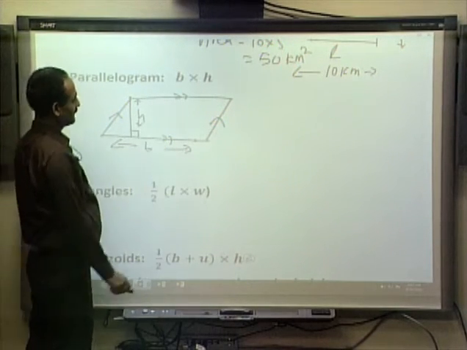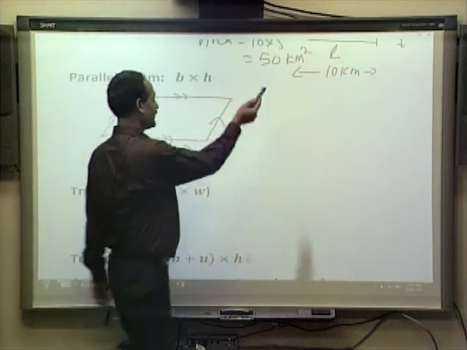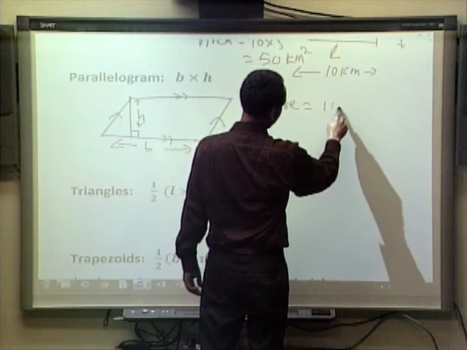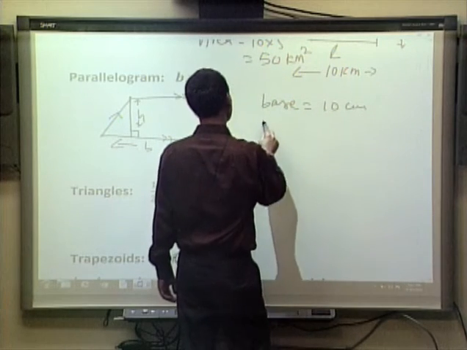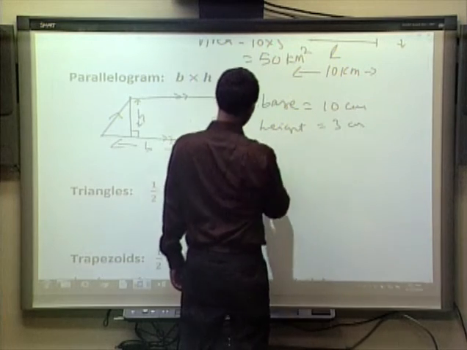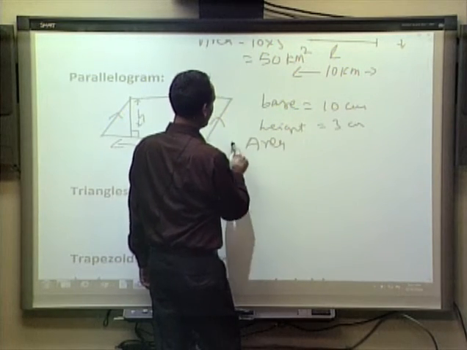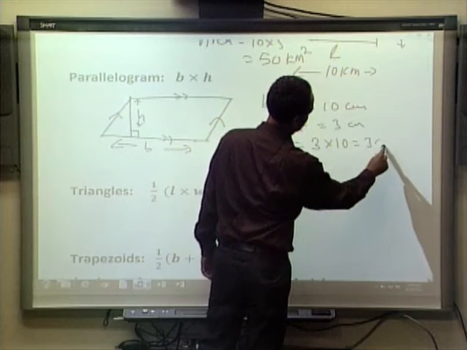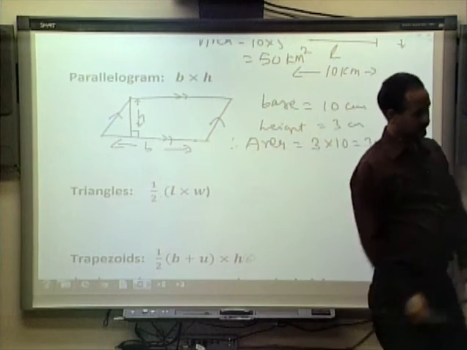That means, let us say there is a parallelogram whose base is 10 centimeter and the height is 3 centimeter, then the area will be equal to 3 times 10, so 30 centimeter square. Simple.